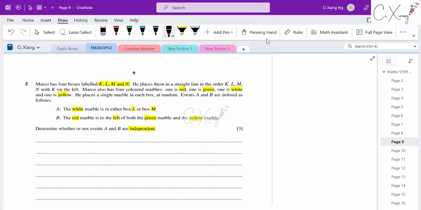Okay, let's recall the independent case first. When events are independent, the probability of A multiplied by the probability of B equals the probability of A intersect B. If we get this result, then A and B are independent.